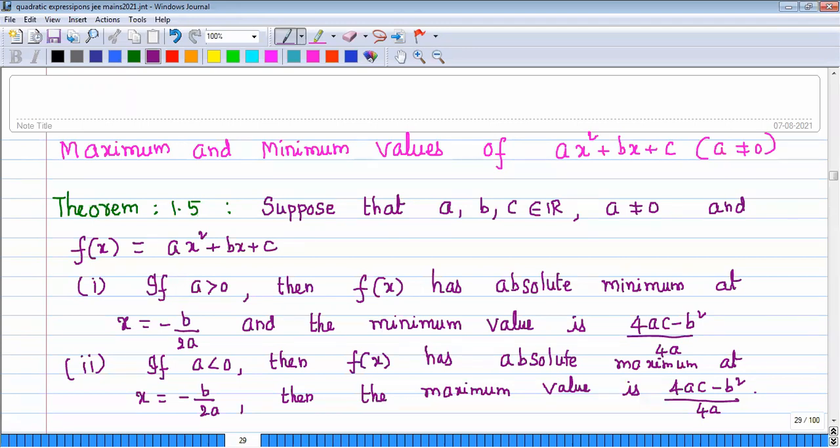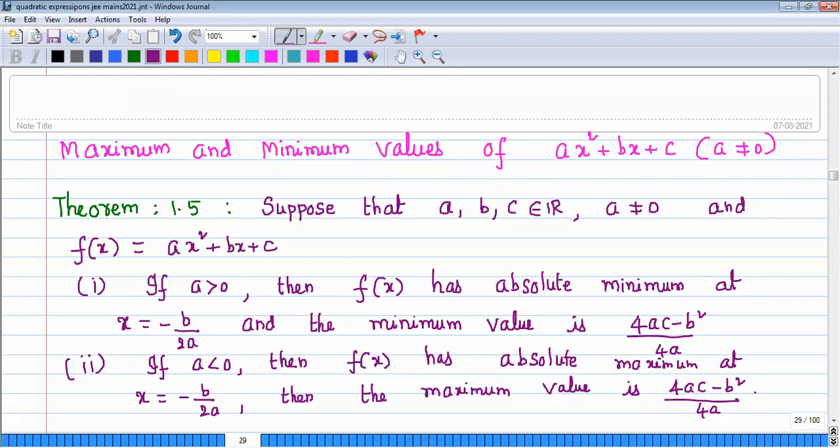At what value it attains the minimum or maximum? When x is equal to minus b by 2a. So that we need to remember. Minus b by 2a is not a maximum or minimum value. That is the point at which the given quadratic polynomial attains either the minimum or maximum, when x is equal to minus b by 2a.